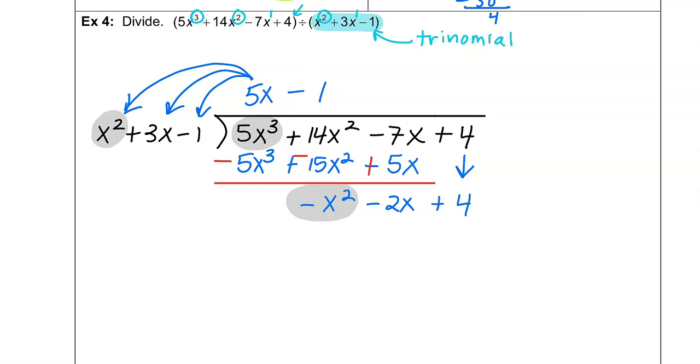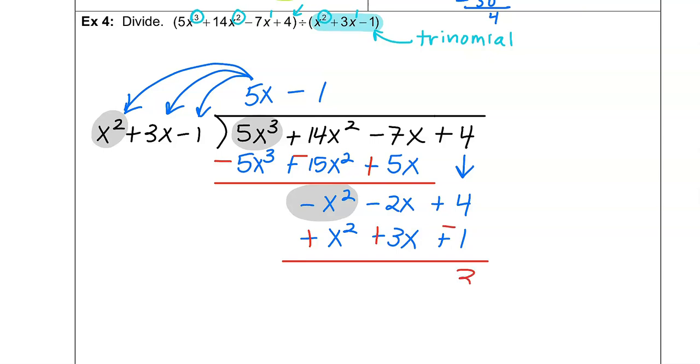So negative 1 times x squared is negative x squared. Negative 1 times 3x is minus 3x. Okay, and then the minus 1 times the minus 1 is plus 1.